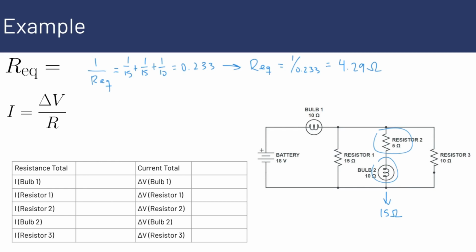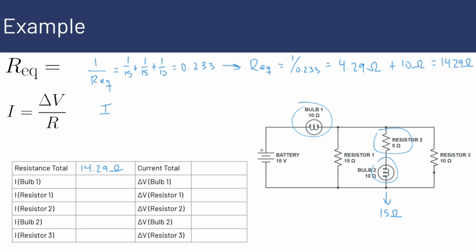So we'll add that plus the resistance from bulb 1. That's 10 ohms, and we end up with 14.29 ohms for the equivalent resistance. So we'll put that in here, 14.29 ohms.